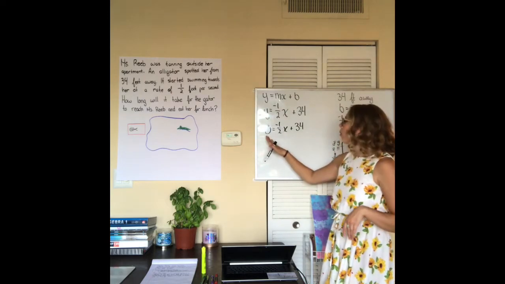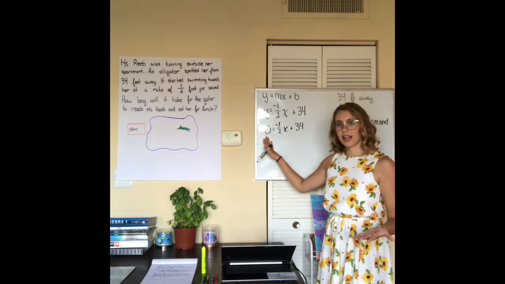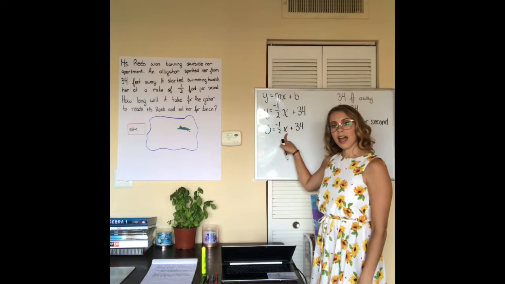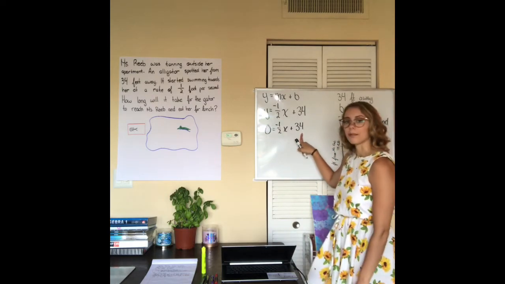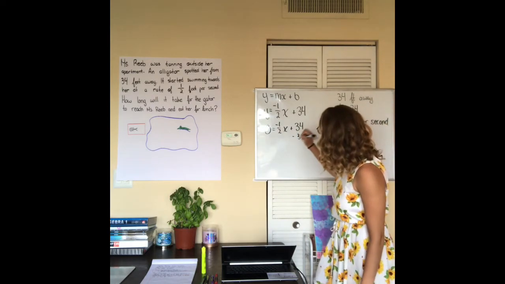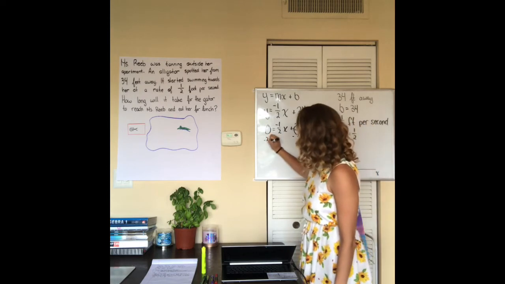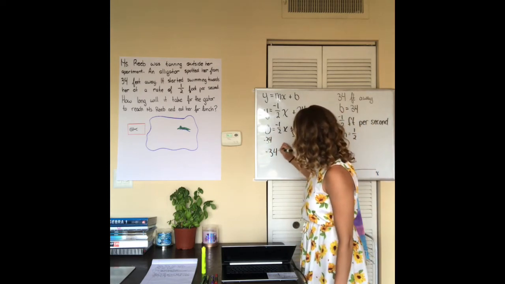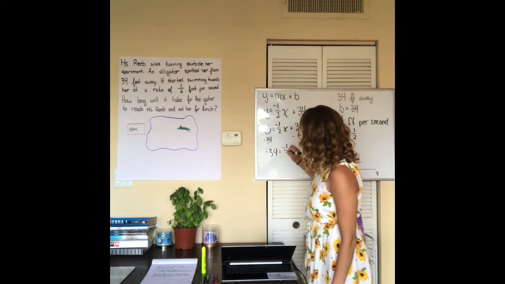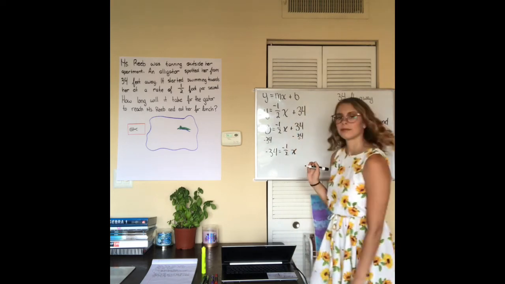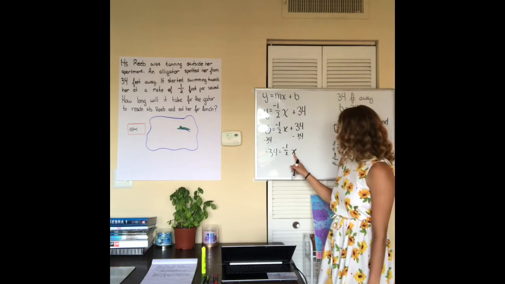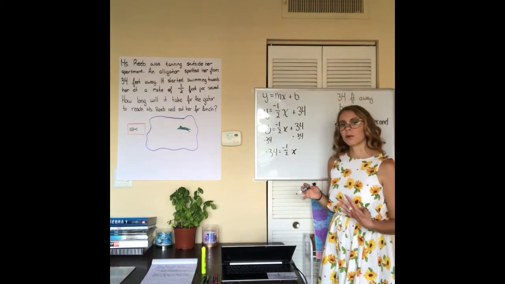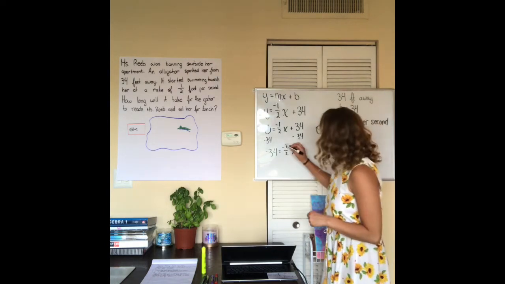And now that we figured out what to plug in and where to plug it in, we're just going to solve for x. So I'll do the inverse operations to move 34 to the other side. So I end up with negative 34 equals negative 1/2 x. Now if I want to get x by itself, I'm going to use inverse operations.